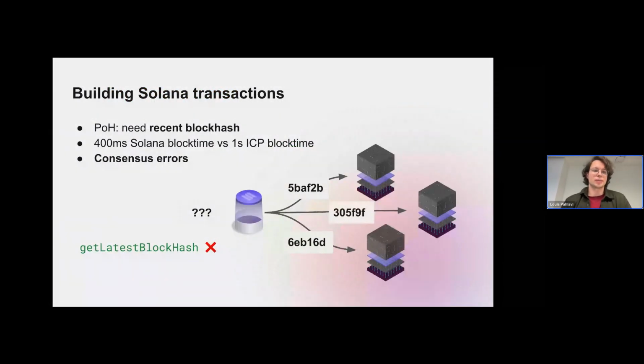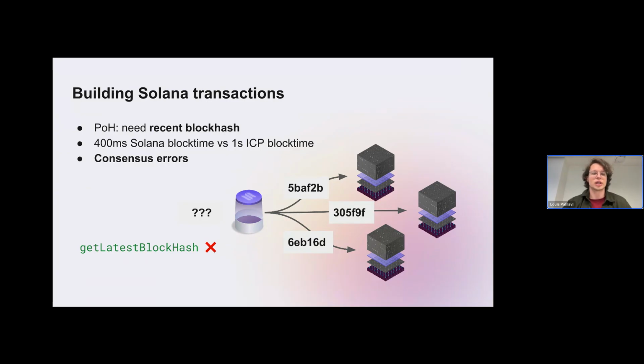I also mentioned that something that's needed for building Solana transactions is for the so-called POH, or proof of history, a recent block hash. And the canonical way of doing this is by calling the get latest block hash endpoint from the Solana JSON-RPC API. The problem is that this value just changes too quickly.